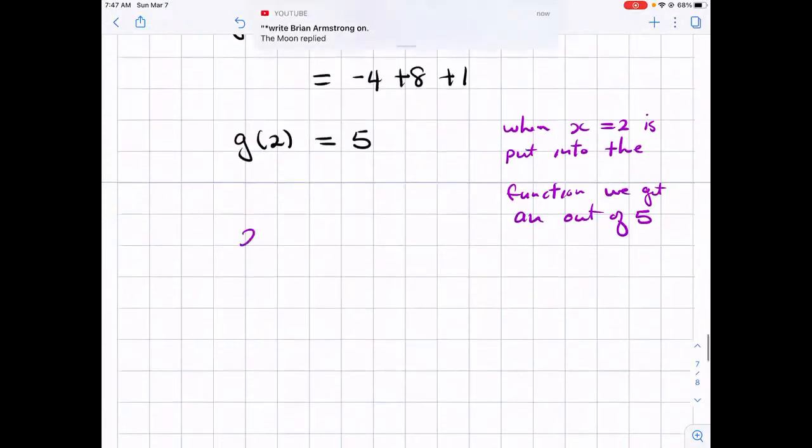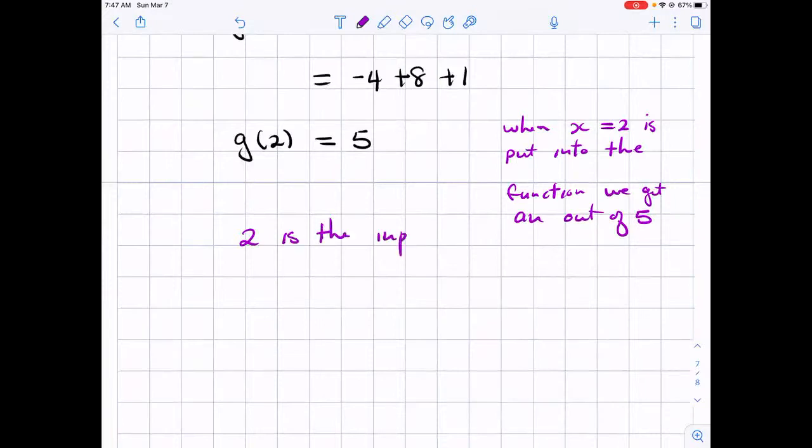So here 2 is the input, 5 is the output. Yeah, that's what we're looking at.